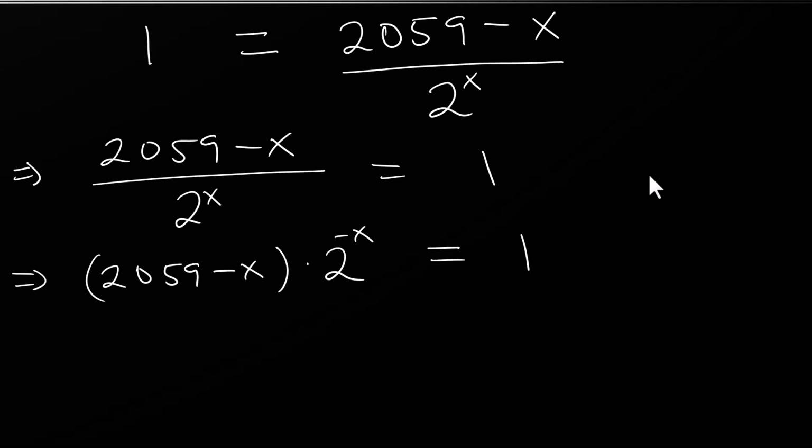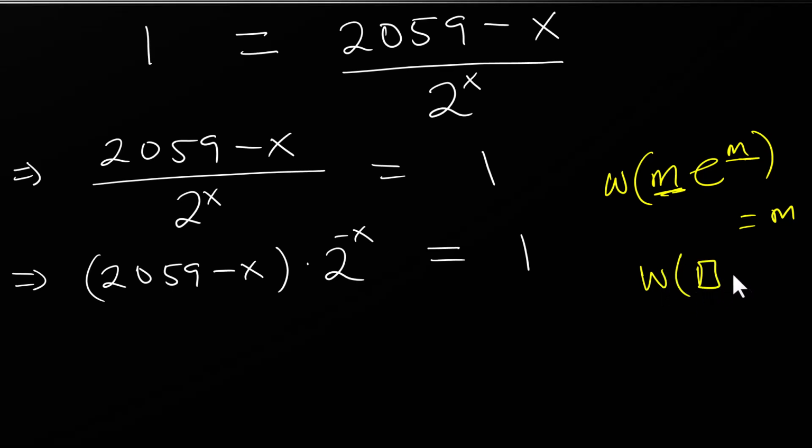Now when you are given m times e raised to m, and you take the Lambert W function, the answer will be m. Before the Lambert W function will be possible, what we have here must be equal to this. As simple as that. So W of box times e to the power box, the answer is box.